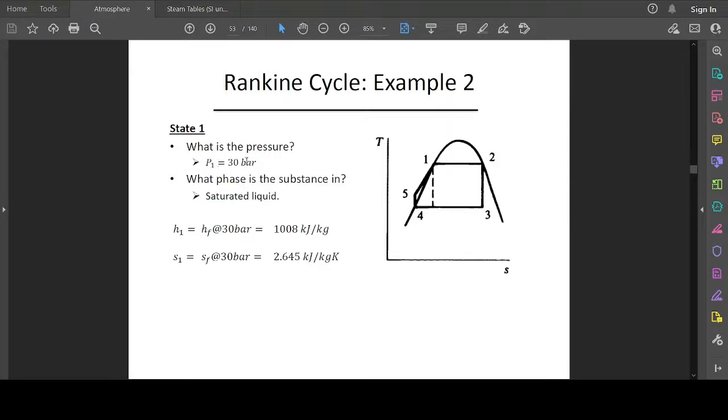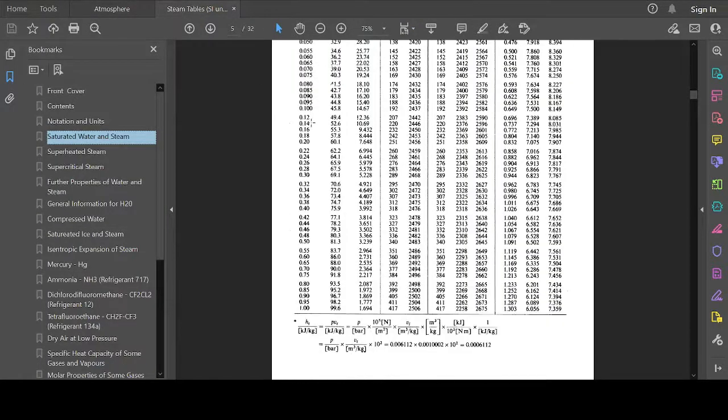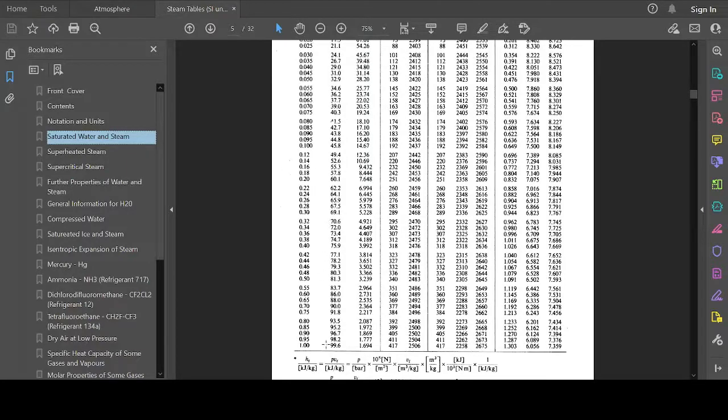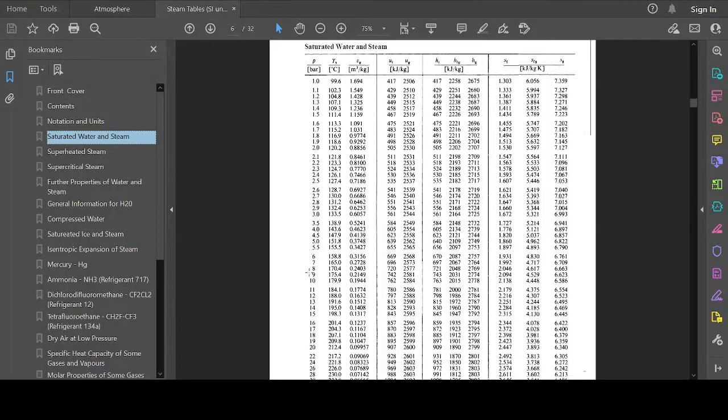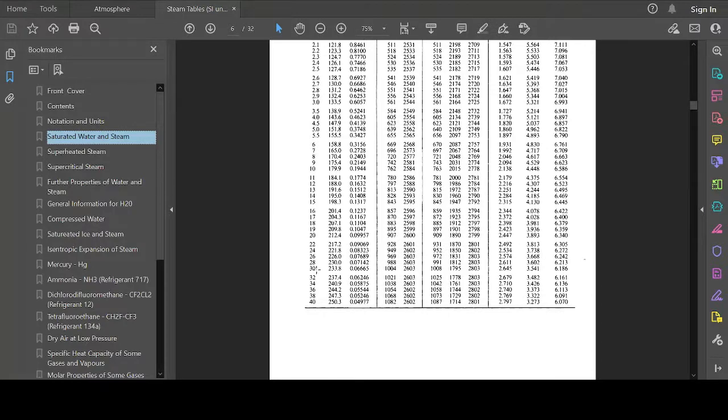So for stage 1, we calculate based on the pressure, which is 30 bar. We go to the steam table as usual, find 30 bar pressure, and read off the enthalpy of the fluid, the enthalpy of the gas phase, the entropy of the liquid, and the entropy of the gas.